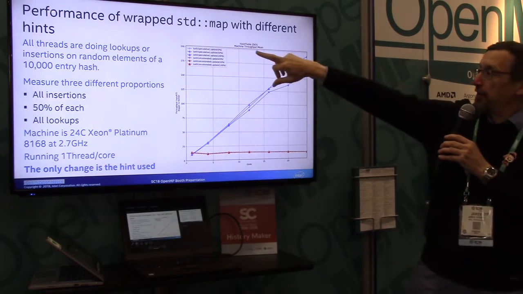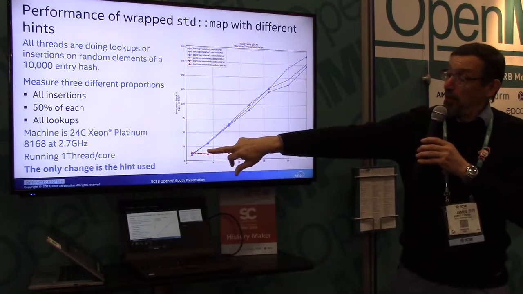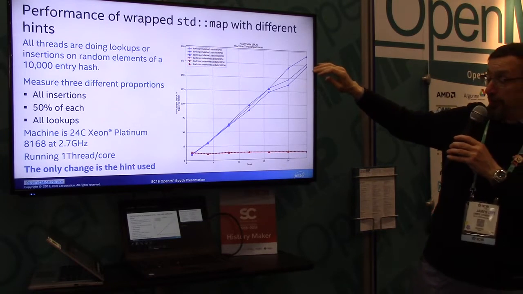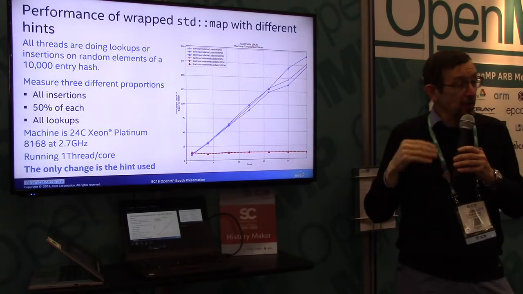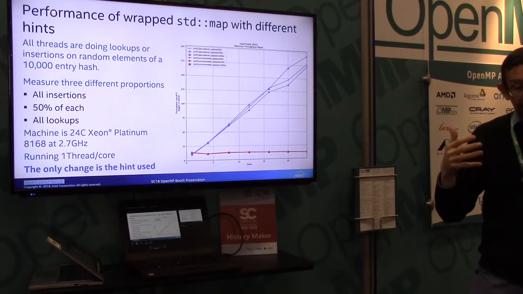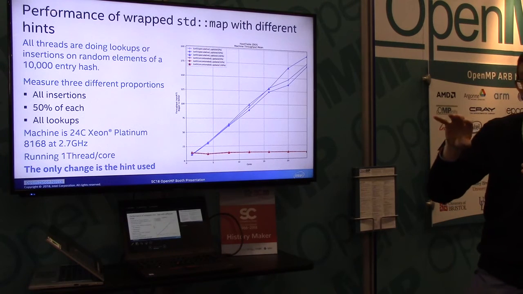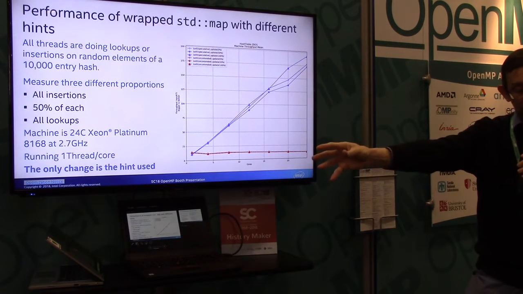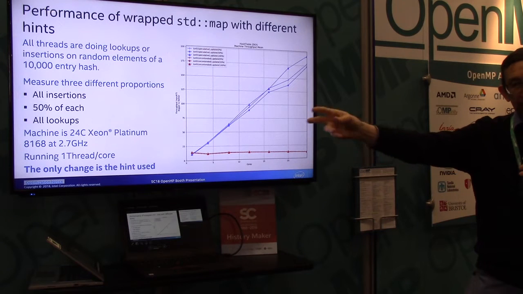However, when I pass in the lock hint speculative, I get this very nice performance. The performance is increasing almost linearly as I add threads. And that's because, without looking inside the implementation of the hash table, you can speculate that what happens is it hashes the value, it goes and looks in that bucket, maybe it changes something in that bucket.